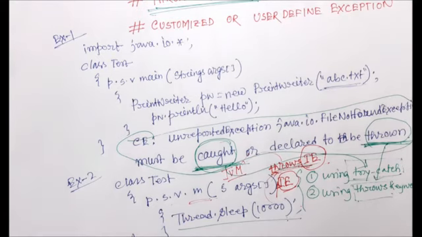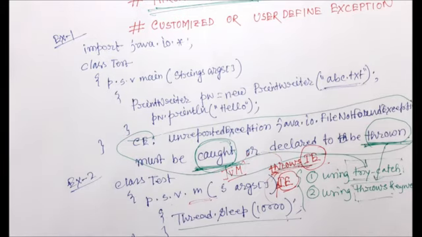So this is the first point regarding the throws keyword. This is the first purpose: to delegate the responsibility of the exception to the caller class or the caller method. The second point is that the throws keyword is required for checked exceptions. Why?